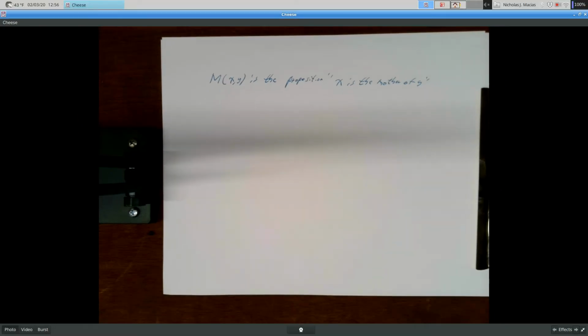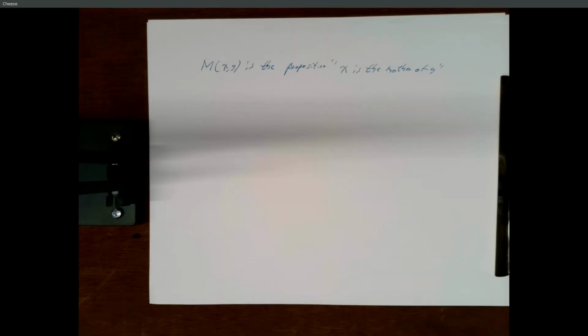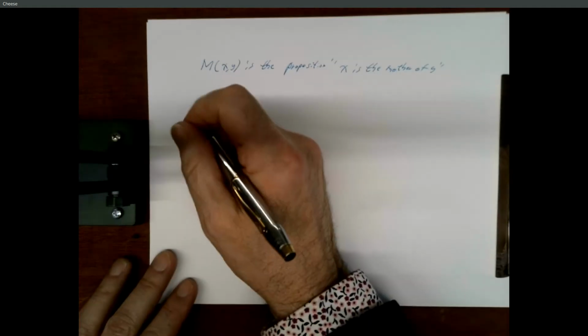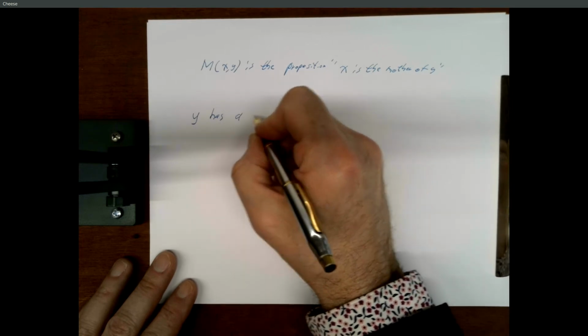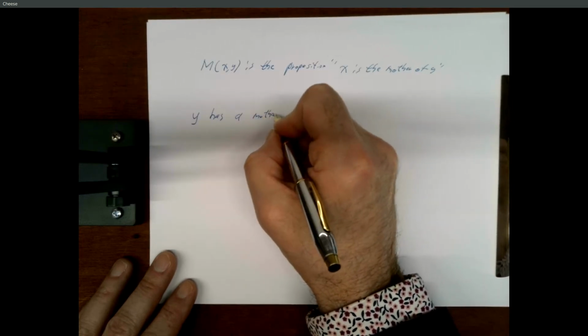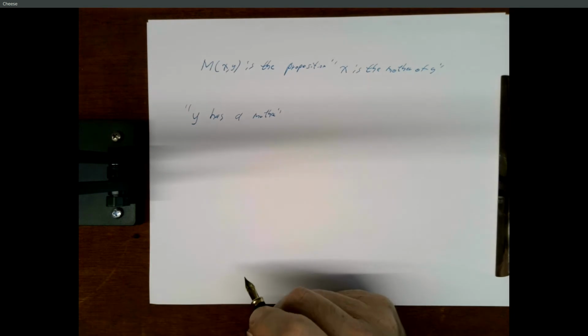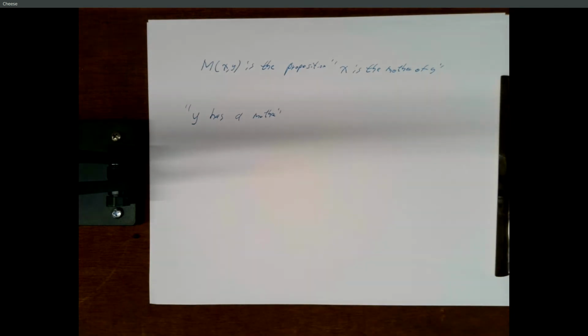So how would you describe in just plain spoken language that a particular person has a grandmother? So let's say y has a, well, how do we say y has a mother, using quantifiers and this proposition M?